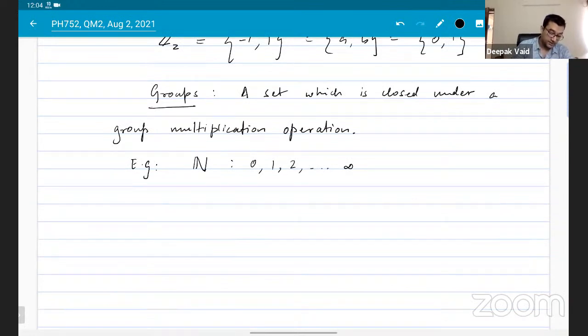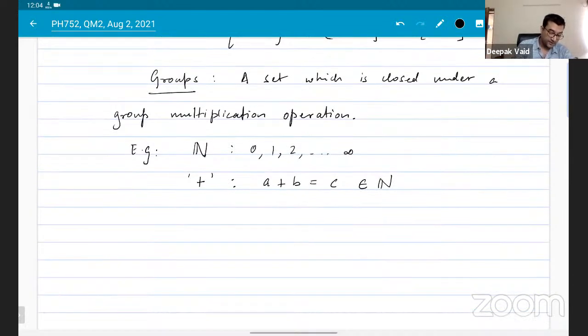And the multiplication operation in this case is what we refer to as ordinary addition. Okay. So for any two elements, A plus B, we get a third element, C, which also belongs to the natural numbers.